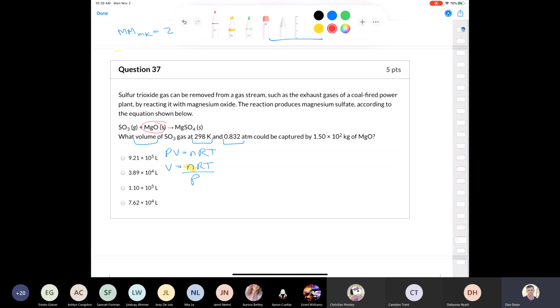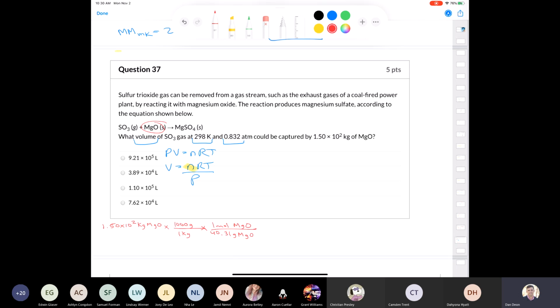I know that in 1 kilogram there are 1,000 grams, and that there are 40.31 grams of magnesium oxide in 1 mole.